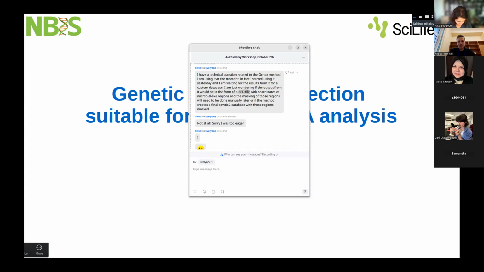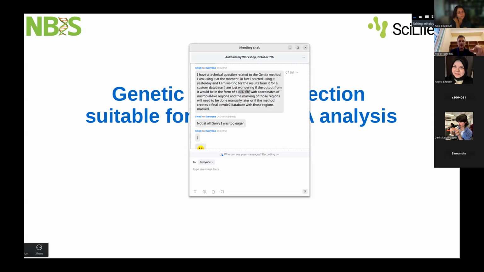If you have the bed coordinates, the GeneX method will give you the coordinates of regions that you probably would like to mask. And then if you have this bed file and you have your FASTA to be masked, it's basically just a few minutes of running bedtools. There is just one command line which I can share if you want.